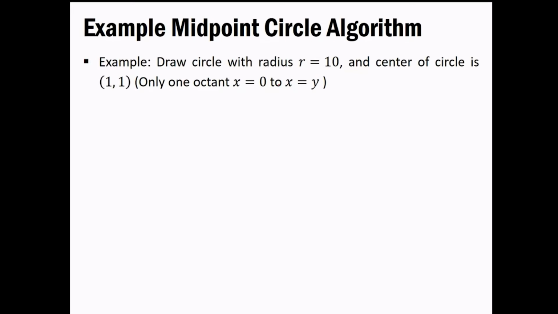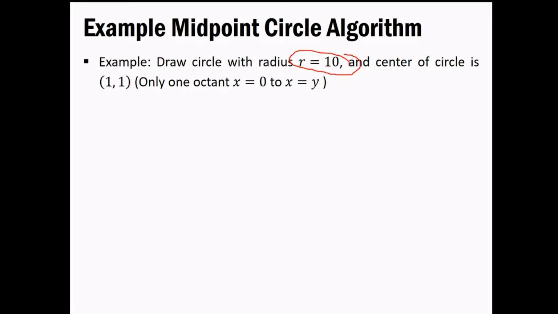Okay. So what it says is: draw a circle with radius r equal to 10. So one parameter we have over here is r = 10. And the center of the circle is (1, 1).